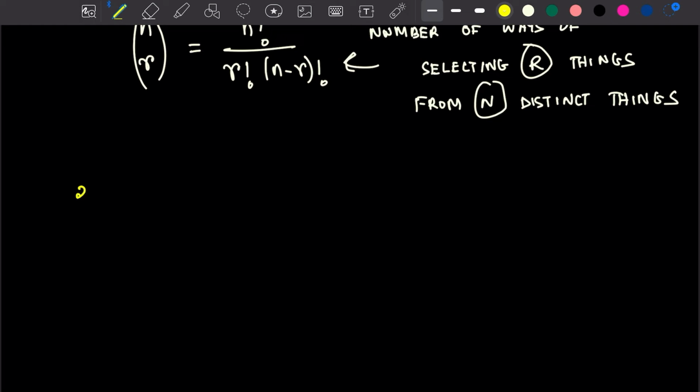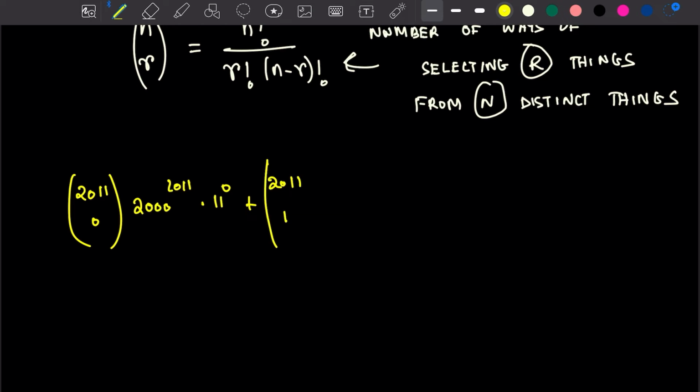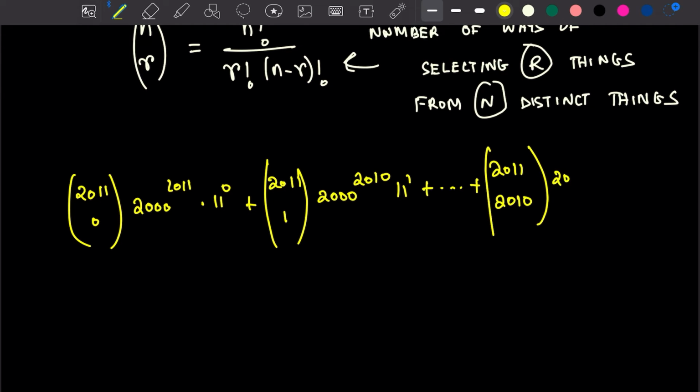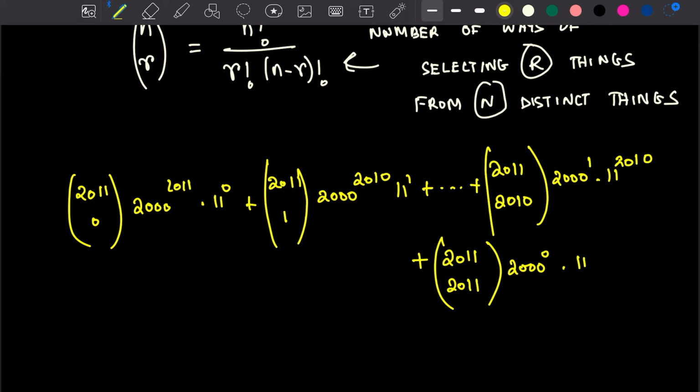Well, it is 2011 choose 0, 2000 to the power 2011 times 11 to the power 0, plus 2011 choose 1, 2000 to the power 2010, 11 to the power 1, and so on, 2011 choose 2010, 2000 to the power 1 times 11 to the power 2010, and the last one is 2011 choose 2011, 2000 to the power 0 times 11 to the power 2011.